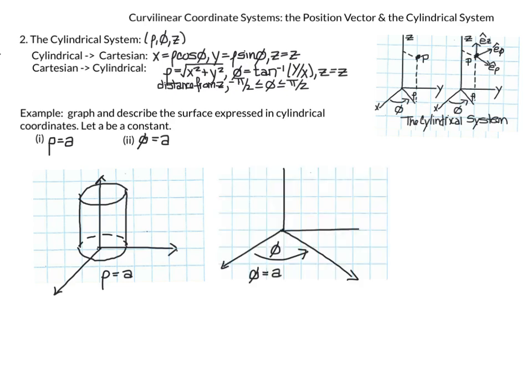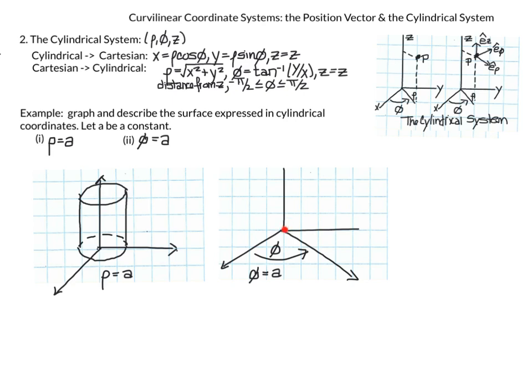For our next example, we have phi, the angle from the x-axis, equal to some constant. So that's this here. I have the vector stopping at the end of the page, but really it goes on to infinity. The other thing to note, we're not going to do negative values of rho because that would require a different value of phi.